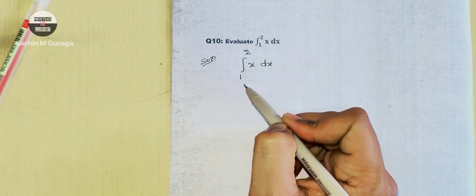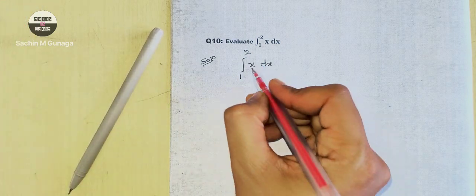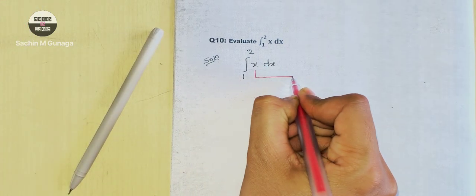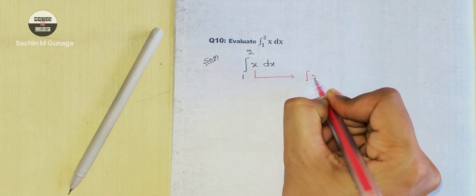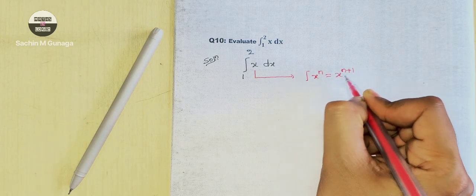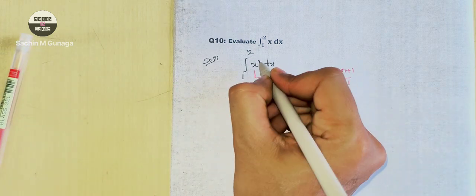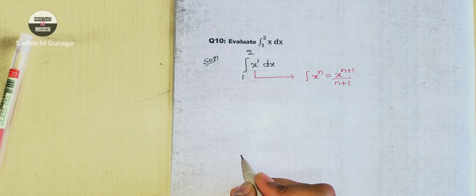So in definite integration, how do we do the integration? Here as usual, for this x we apply the formula x power n is x power n plus 1 divided by n plus 1. Here, when no power is written, the value is 1.